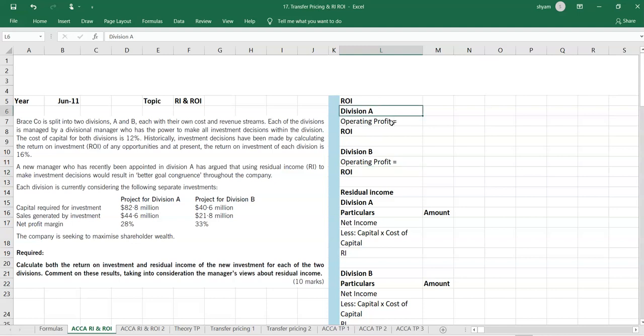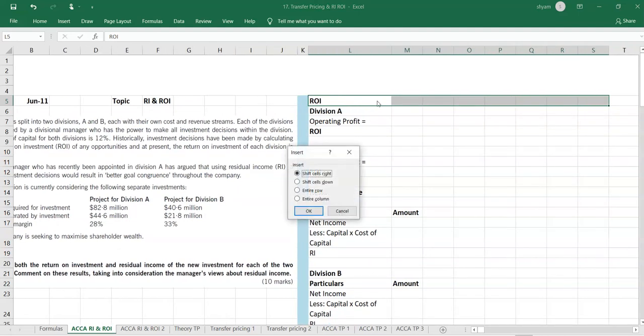If you take this sum, for division A they have given only net profit, and that too only the margin. They have not given an operating profit. In that case, what can we do? In these cases, we have to take an assumption and work the sum.